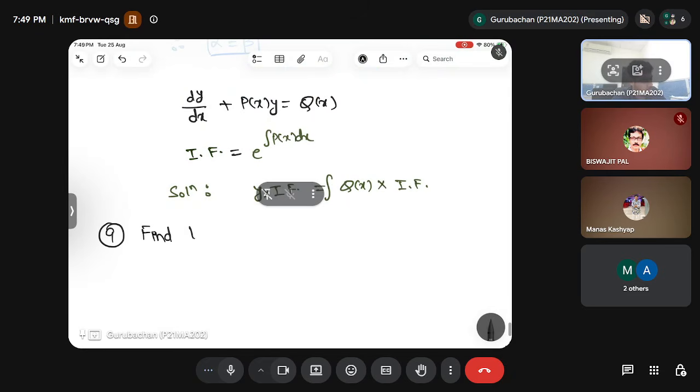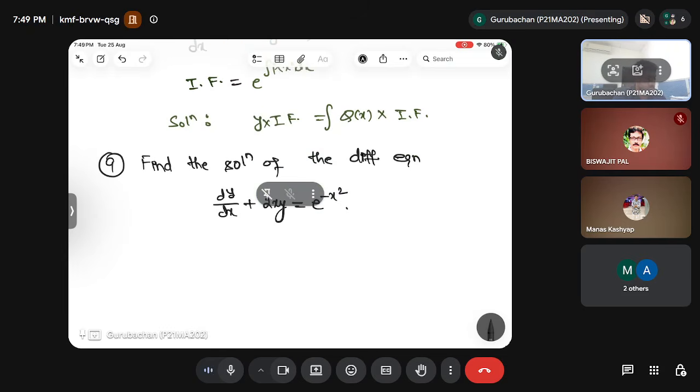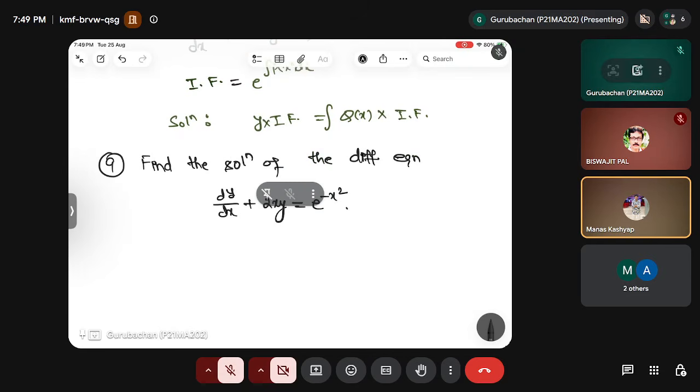Find the solution of the differential equation dy by dx plus 2xy is equal to something. y into e to the power x square is equal to x plus k.